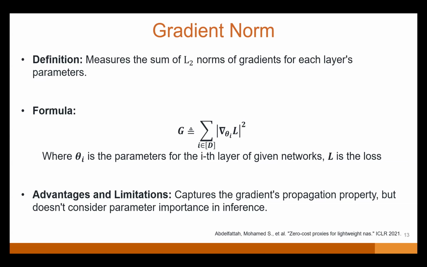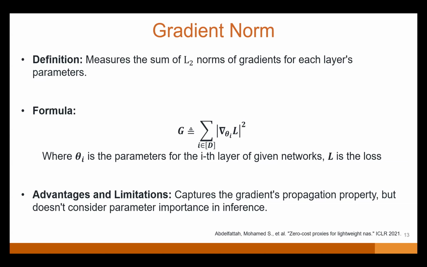So you have layers from 1 to D, where D is the depth of the network, and you have the loss function shown here, with a norm 2, so the square. Basically, this is a mathematical formula that can be used to understand the gradient propagation through the network, given all the layers that make up the network.